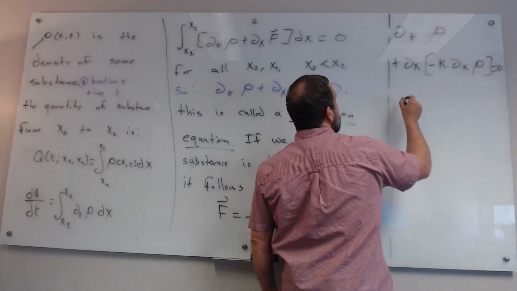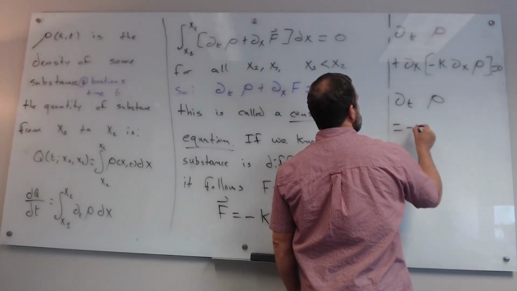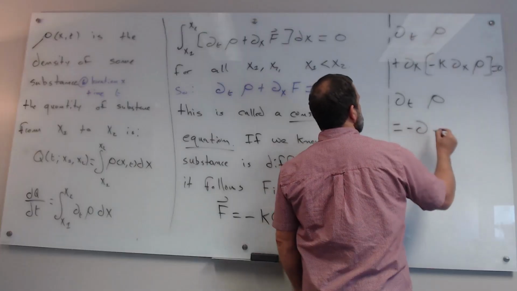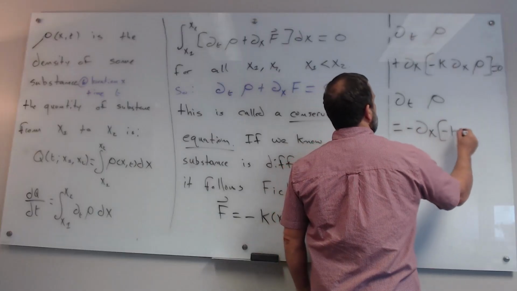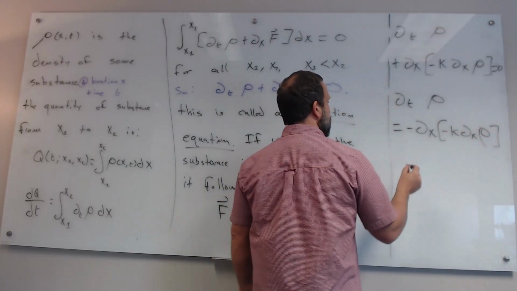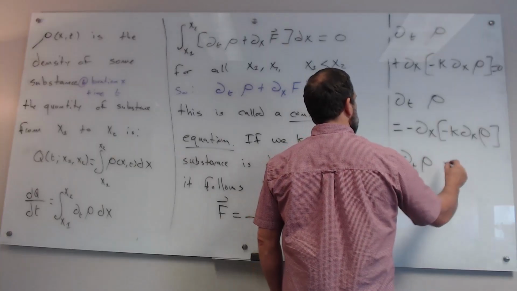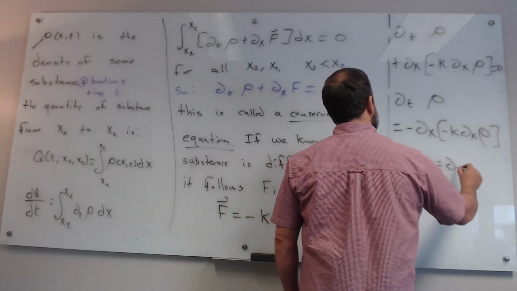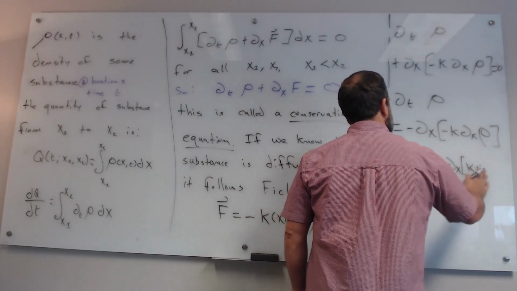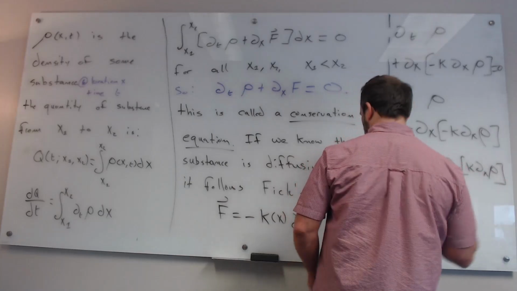Or I can say the t derivative of rho is equal to minus the x derivative of minus k times the x derivative of rho. The minus signs cancel, and we get the t derivative of rho is equal to the x derivative of k times the x derivative of rho.